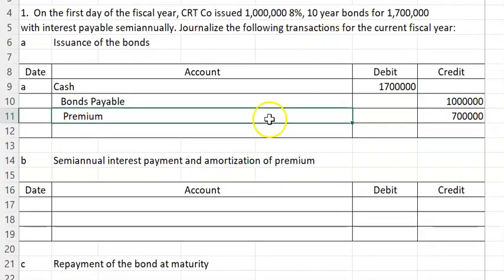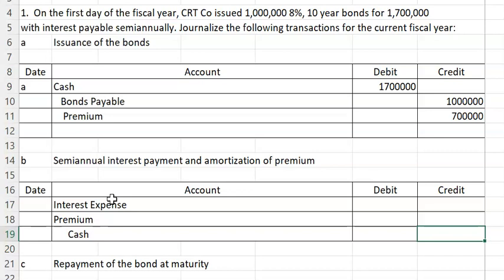All right, letter B says that we've made the semi-annual interest payment and the amortization of the premium. So we know that when we do this journal entry, we're going to show interest expense, which is made up of both the cash paid and the amortization of the premium, which we'll subtract from it. Then we need to get rid of the premium, so we'll be debiting our premium account, and we'll credit our cash. Let's start with cash because that's the easiest.